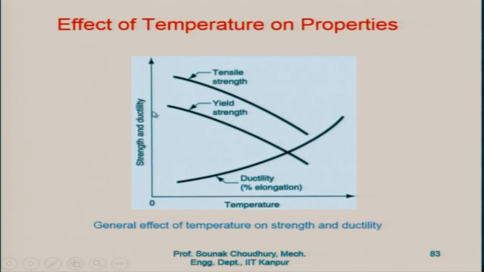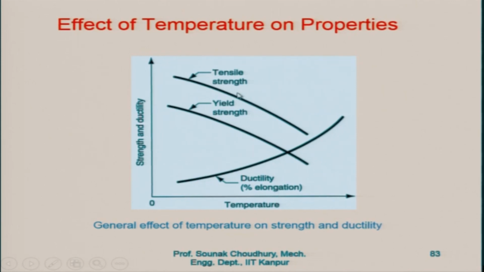Okay. So, strength and ductility will be on the y axis as we said. So, yield strength and tensile strength both fall as the temperature increases. Now, here you can see that all these three curves are non-linear, because the equation between the temperature and the tensile strength, yield strength and the ductility, if you consider them separately, all three equations will be non-linear.